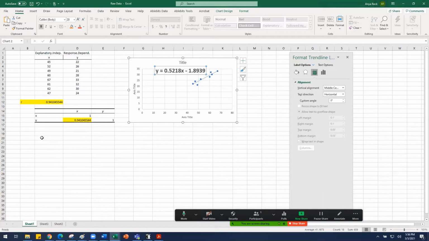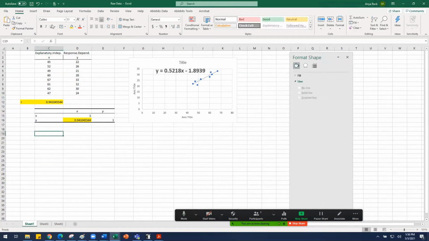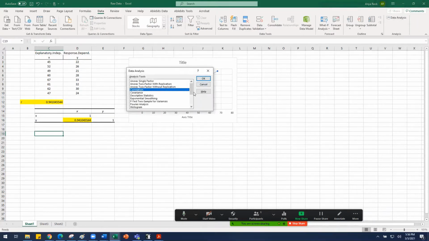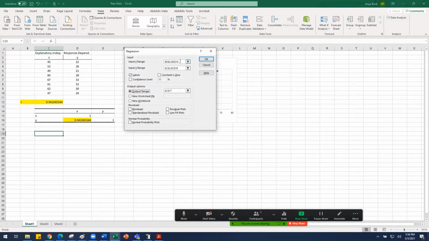Another way you can find your linear regression is you can go to Data, Data Analysis, scroll down to Regression, click OK. The input Y range is the Y column.